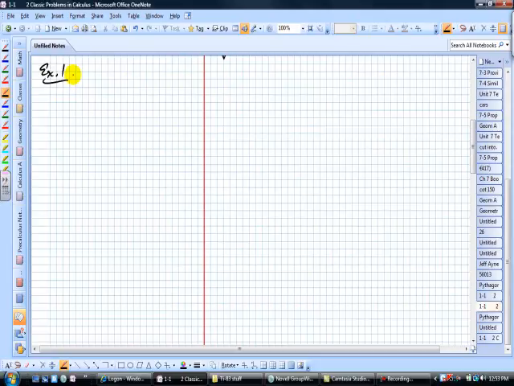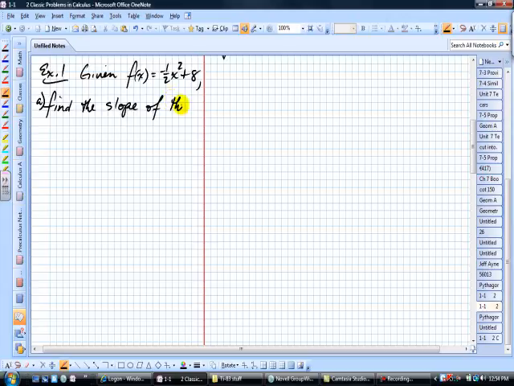What we want to do is, given a real function, let's say f of x is equal to negative 1/2 x squared plus 8, find, we'll call this part A, the slope of the secant line first, through P, and let's say P is (1, 7.5). That's on the function.